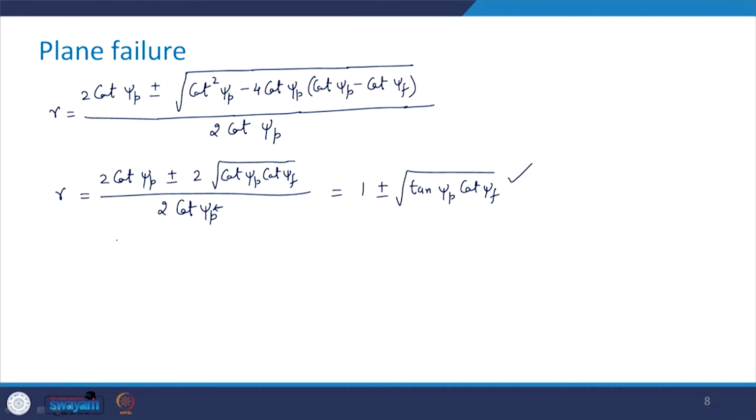Now this r is z upon h and it cannot be more than 1. So therefore this positive sign here is not physically possible. So r is going to be equal to 1 minus square root of tan psi p cot psi f.